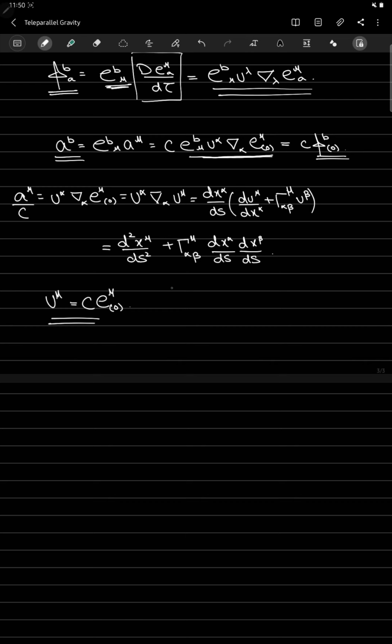And if a frame is in free fall, then you can also write A mu over c as being equal to phi 0 i, which is equal to 0. Now with this, you can conclude that the non-vanishing values of the latter quantities represent the inertial acceleration of the frame.